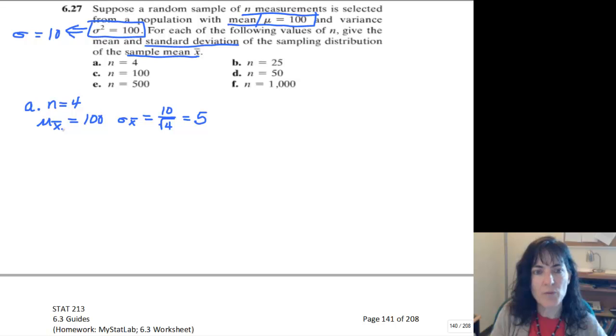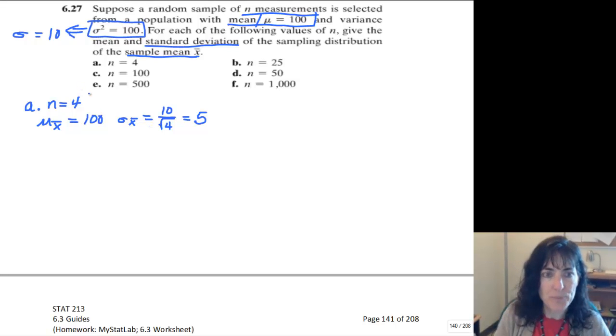So the mean for our x bar is 100, same as our population. Sigma for our x bar is 5, which is half of what our sigma was for our original population.